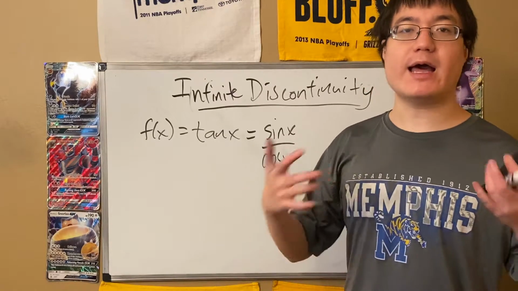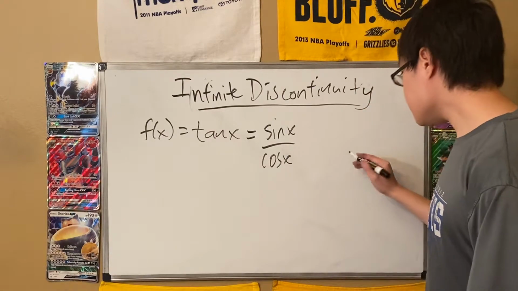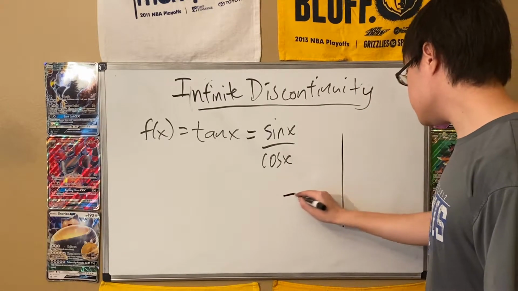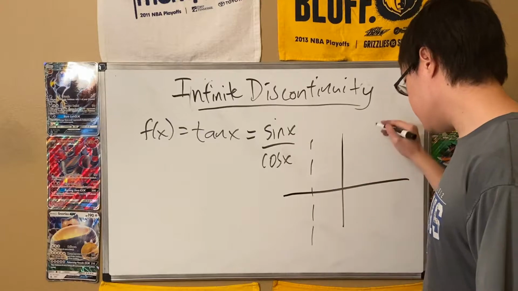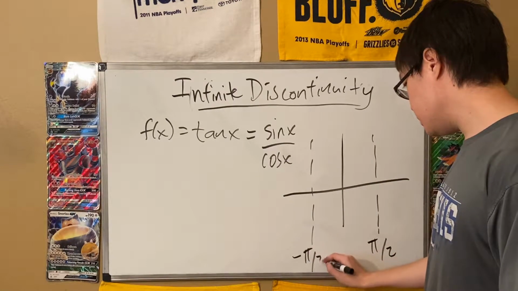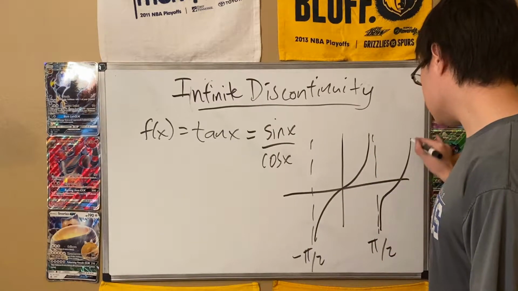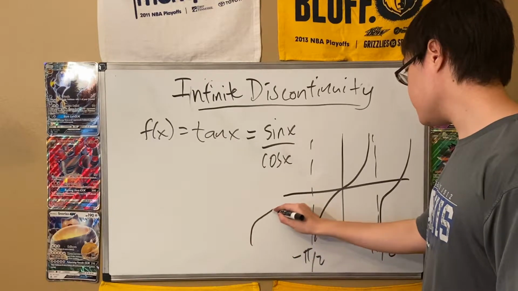So let me redraw at least one period of tangent of x so that you remember what it looks like. If you draw tangent of x and plot it right here, pi over 2, negative pi over 2, tangent looks like this. On the other side, it will look like this. On the other side, it will look like this.